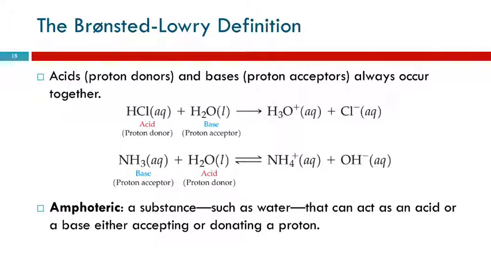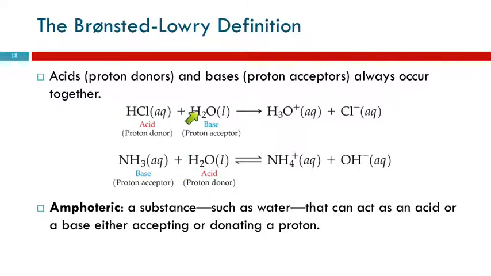You have to hand it off to someone. So there has to be something there to accept it. So the HCl is the acid, the proton donor. Water is the base, the proton acceptor. When ammonia is in water, ammonia is the base. It accepts the proton from water.